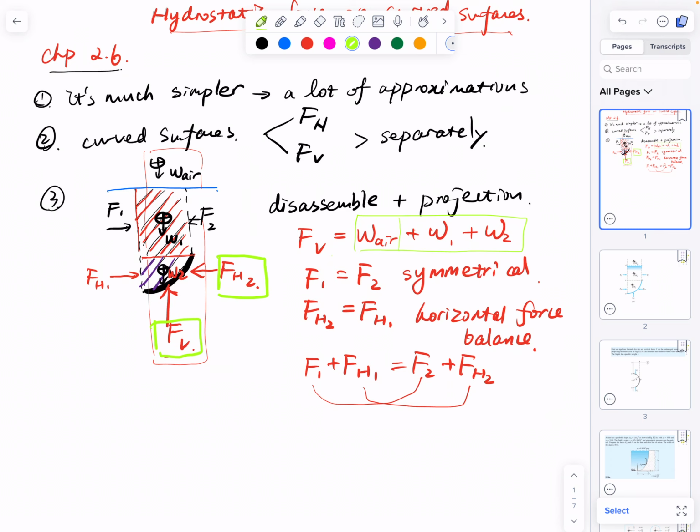And then next let's take a look at FH2. FH2 actually is FH. That's the horizontal static force exerted on the board, and it equals FH1. And FH1 is, if you project this board to the left-hand side, it will become an equivalent.